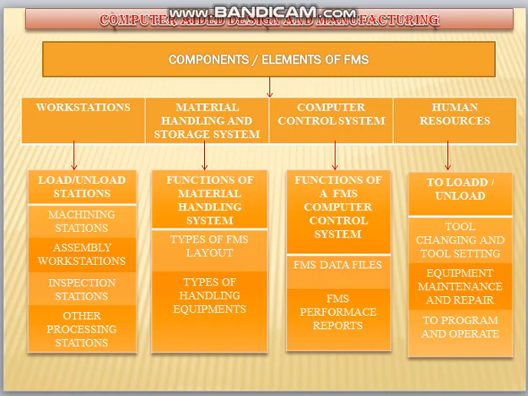These can be explained in the further slides. Next, moving on to the types of handling equipment. Handling equipment can be classified as industrial trucks, conveyors, cranes, industrial robots, and automated guided vehicles. With the help of this handling equipment, we can handle the materials.